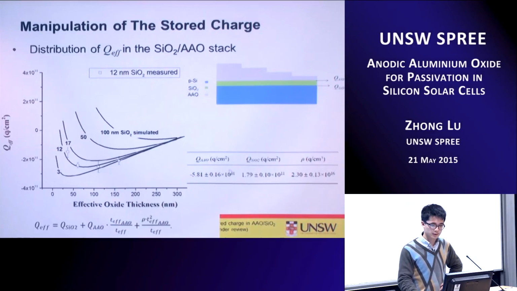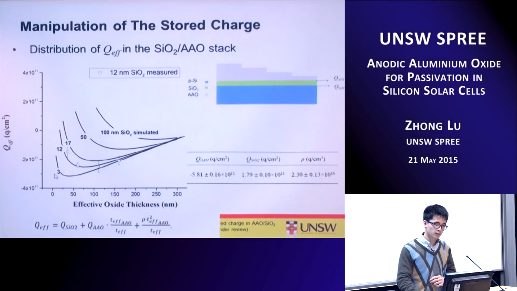And with this in hand, you'll be able to predict the stored charge as a function of different combinations of dielectric stacks. And this is consistent with my finding where when you reduce the silicon dioxide interlayer, you can achieve a more negative stored charge. So different lines correspond to different silicon dioxide thickness.